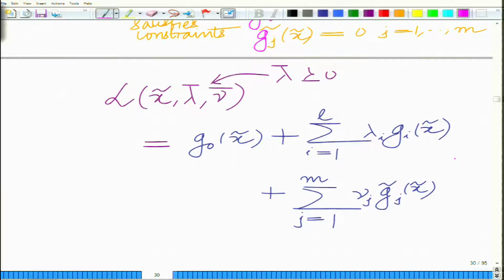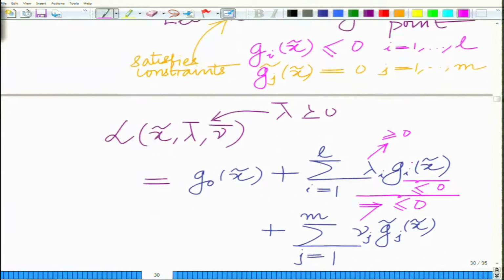Now, what you can observe is, look at this, each lambda i is greater than or equal to 0, and x tilde is a feasible point. We have seen that each g_i of x tilde is less than or equal to 0, which implies that lambda i times g_i of x tilde is less than or equal to 0.